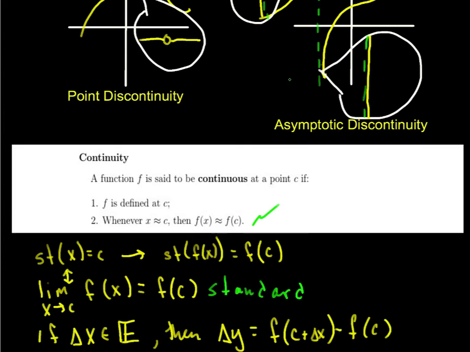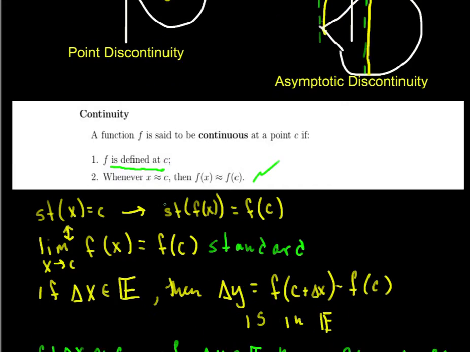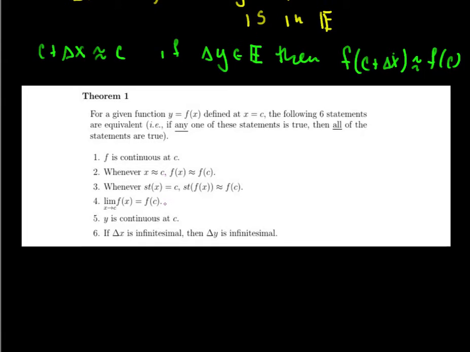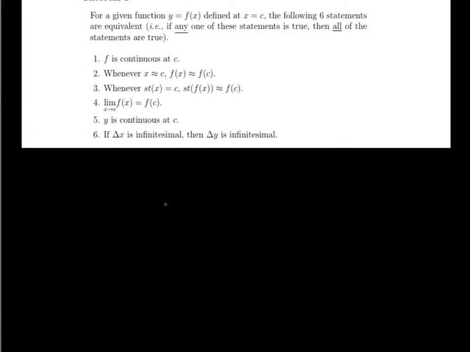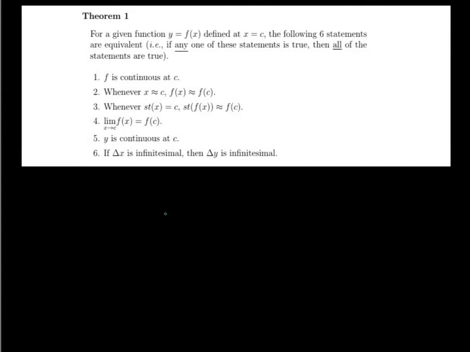F is continuous at a point c only if it's defined there. So our theorem states that if we've got a function that's defined at c, then the following statements are equivalent. That is, if any one of the statements is true, all of the others are true as well.